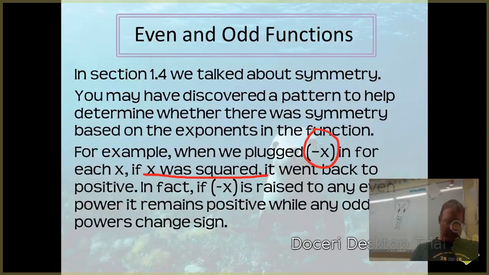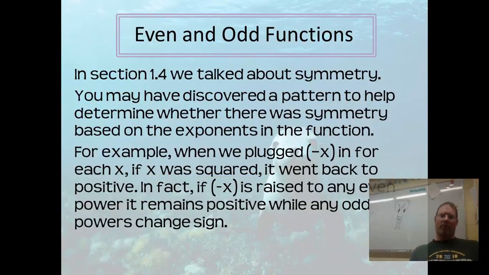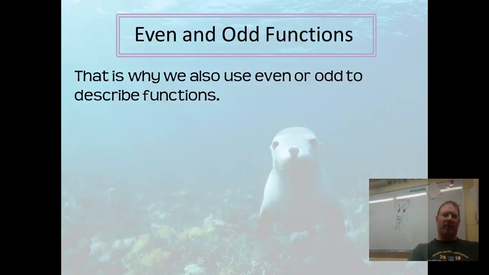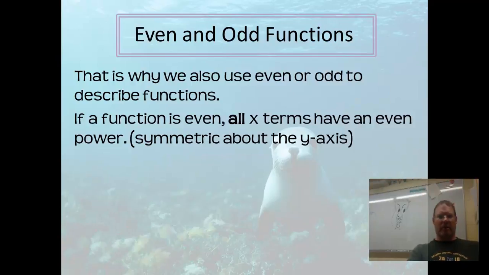Okay? So notice, when it was an even exponent, the function didn't change. When the exponent was odd, then it did change. Okay? That's where the even and the odd comes from.